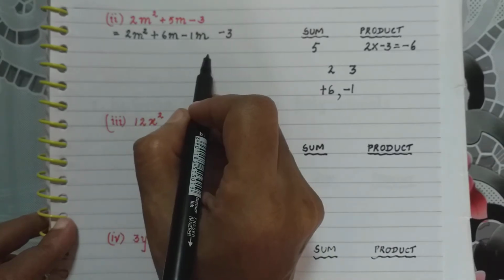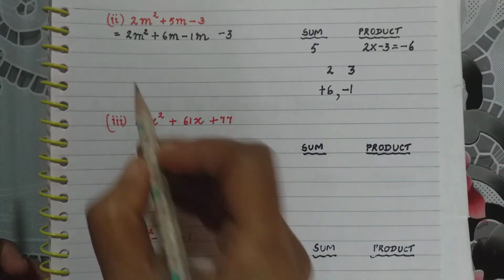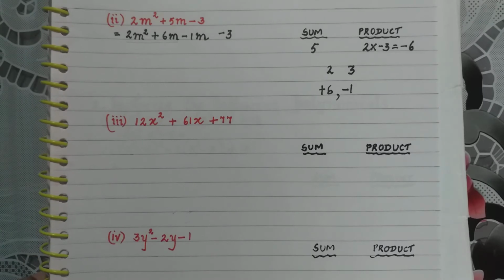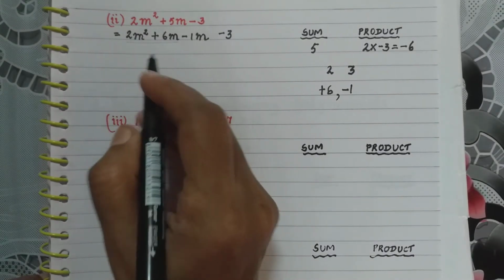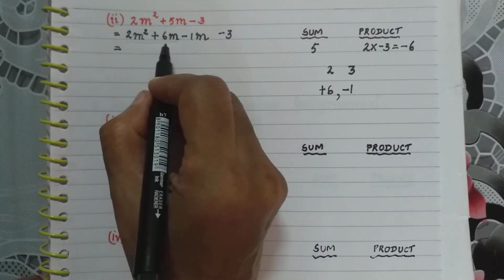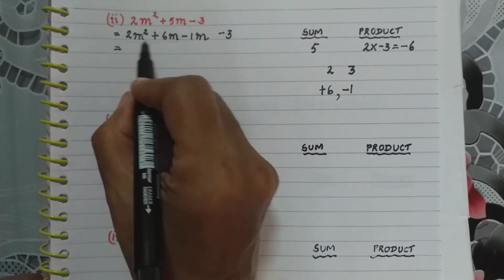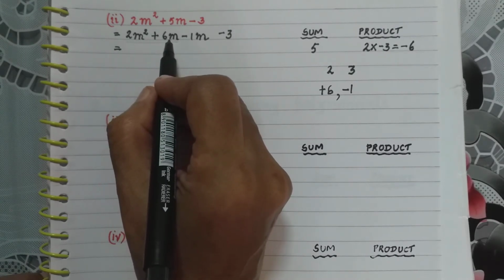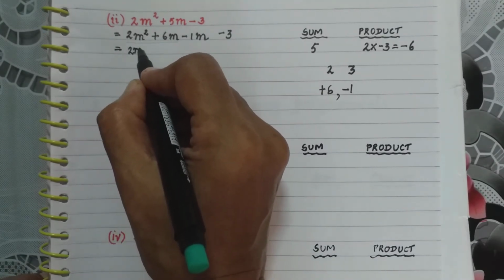Now what is the next step? To take the first two terms together, that is 2m square plus 6m together. So I take 2m square plus 6m together and see which are the common factors here. Among these two, the common factor is 2m, which is common in both. 2 is here, 2 goes in 6 also, 3 times. M also is common. So 2m is common.